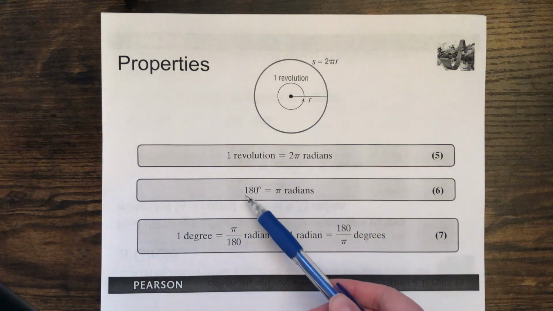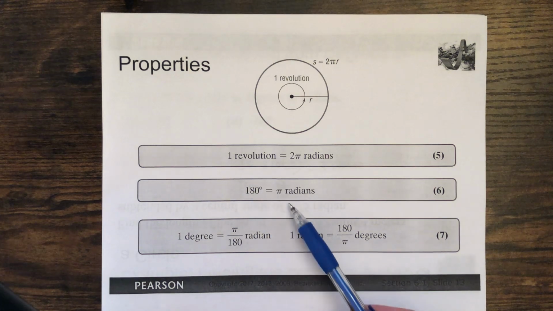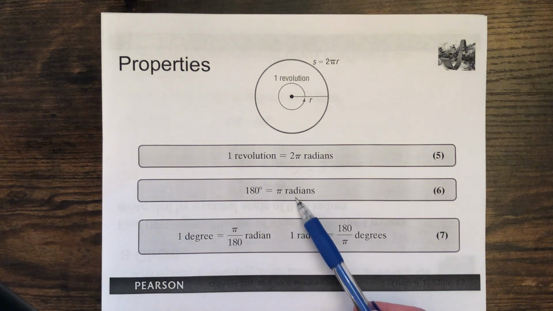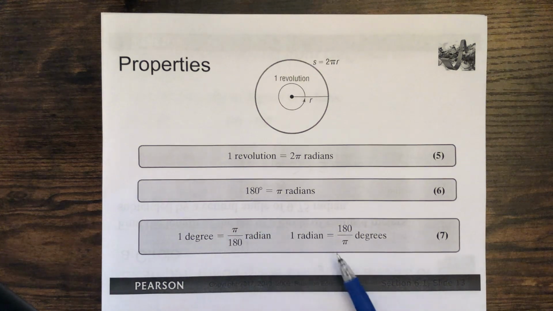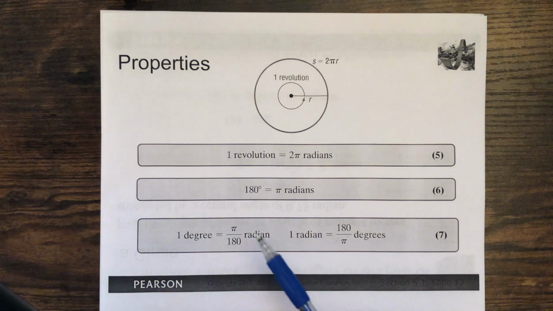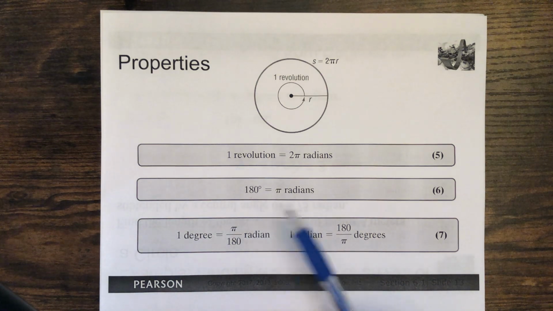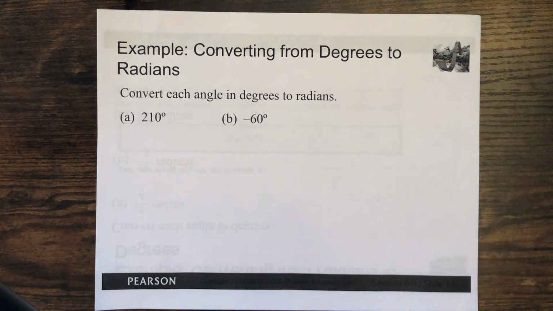So then, of course, halfway around a circle, 180 degrees is, of course, equal to pi radians. And we use that in our conversions. This, again, is something that you did last year, converting between degrees and radians using this. So let's practice that. I think this will probably be quite familiar to you.